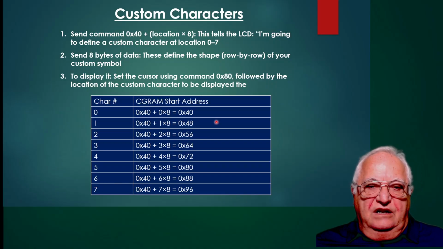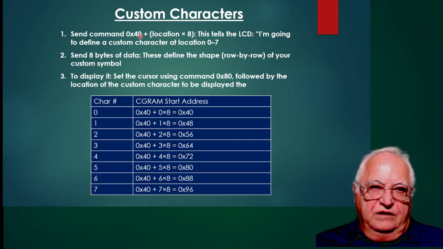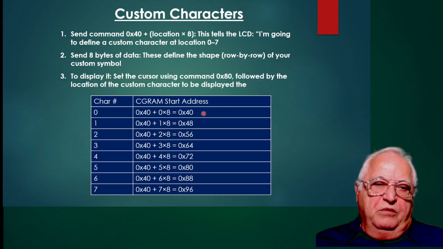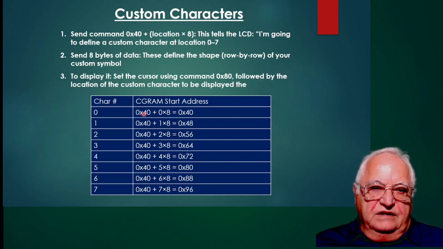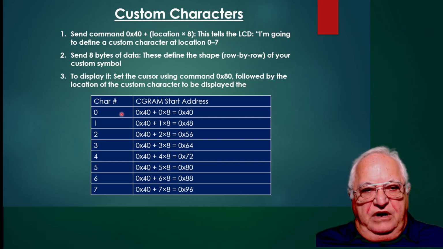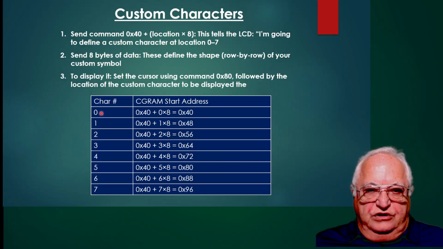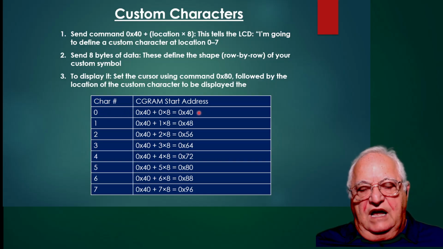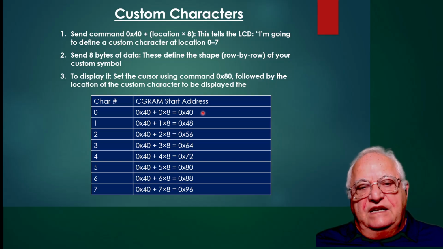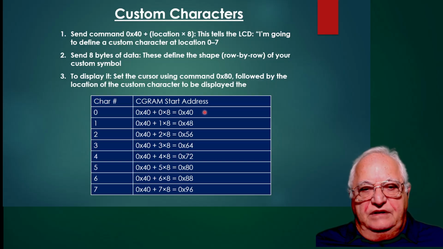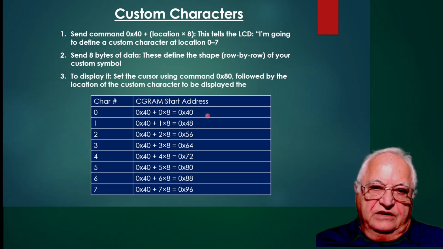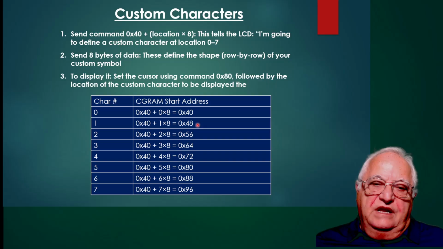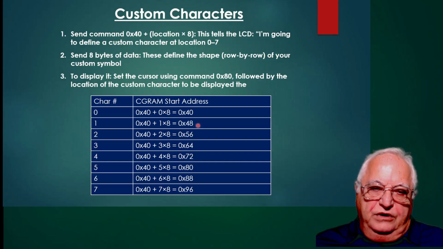So these are the locations. I'm trying to explain why we need the hex 40 plus location times 8. The way it works, if you set only the 40, then the custom character is going to be stored in location 0, which is at address 40. The next time, if you want to store a different character, then you have to store it in location 48. So how do we do that?